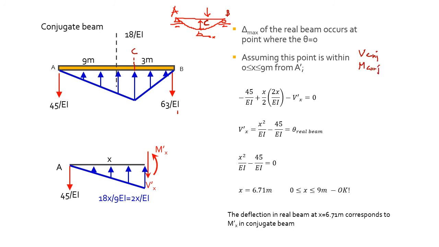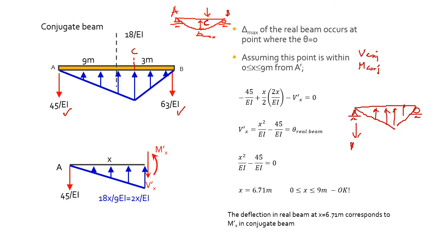The first thing you need to do is find the support reactions, here and here. How do I find them? At the beginning you don't know the supports. You only know that this is a pin and a roller, and then you have a load like this. First, you need to find your support reaction.